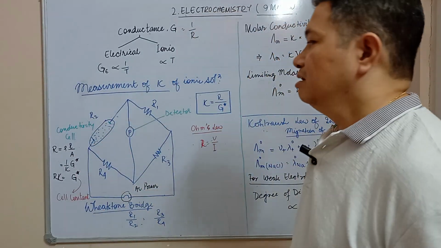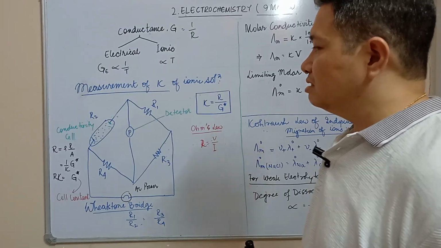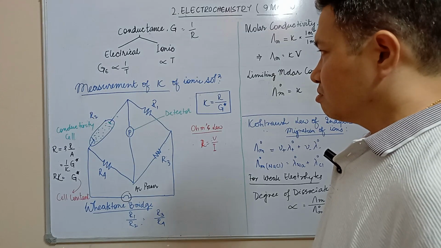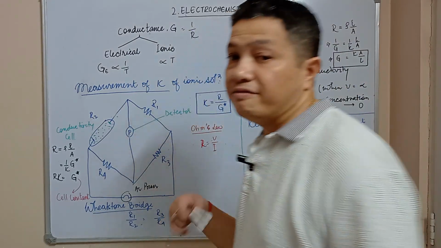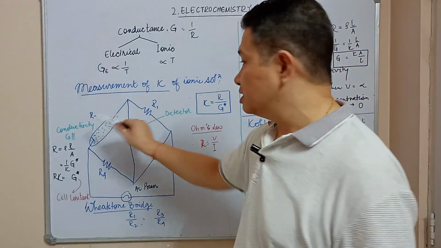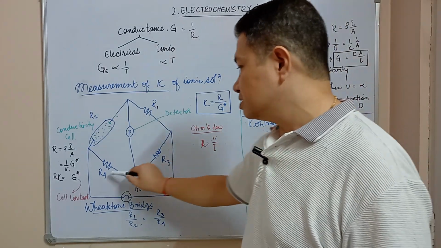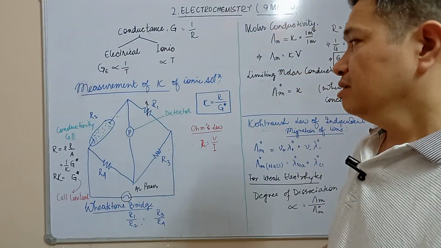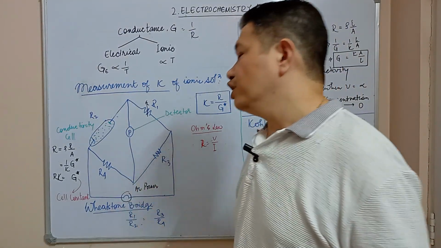Now, what is the problem in measuring the resistivity of a conductor? We use the Wheatstone bridge that you have learned in physics. A Wheatstone bridge is an arrangement of 4 resistors, R1, R2, R3, R4, in which you know the resistance of 3 conductors. One may be a variable resistance. R1, R3, and R4 are known.